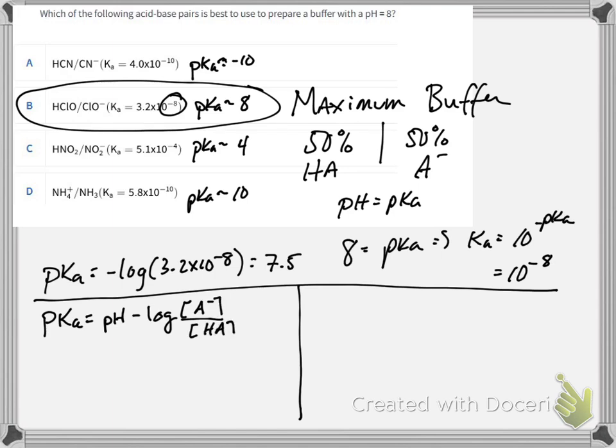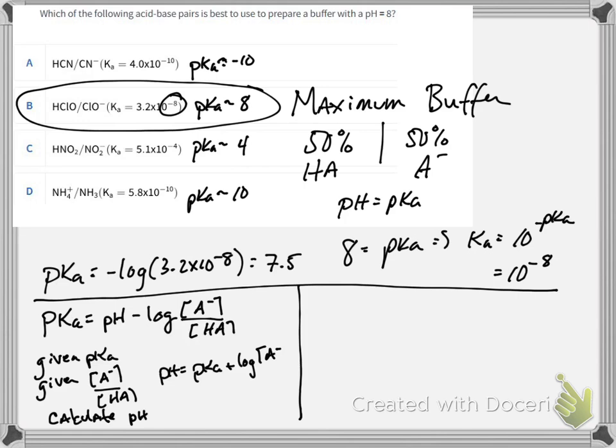And we really use this formula when given pKa and given the ratio, you know the ratio already, you can calculate pH readily by saying pH is equal to pKa plus log of A minus over HA. So this is the Henderson-Hasselbalch version where you know this, and you want pH.